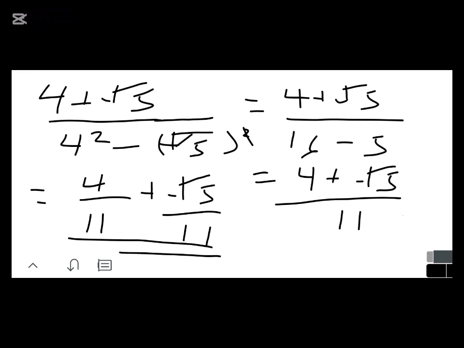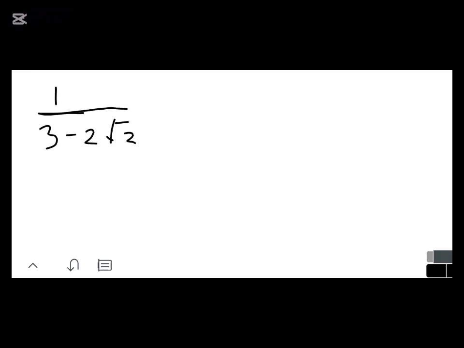Very simple. So taking another example, we are given this fraction to rationalize the denominator. So as I said, we find the conjugate of the denominator and multiply by it in the numerator and the denominator. So let's go by it again. The conjugate of 3 minus 2 square root of 2 is 3 plus 2 square root of 2.